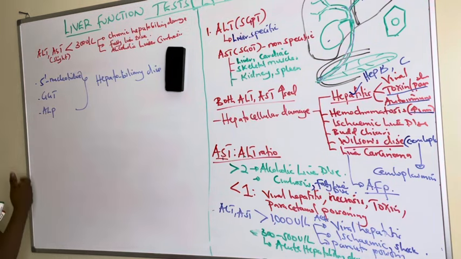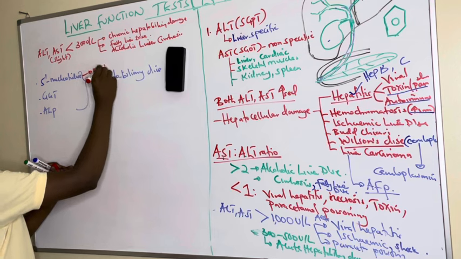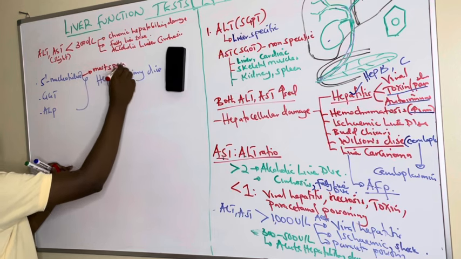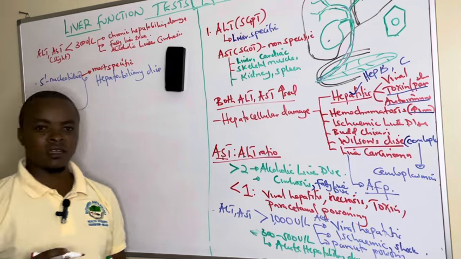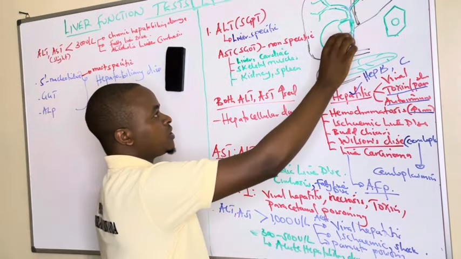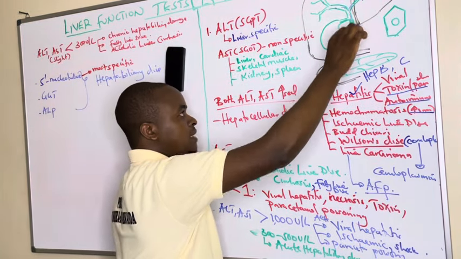So we find among these three, 5' nucleotidase is the most specific. It is most specific for the biliary tract. Whenever there is any sclerosing, these enzymes are produced from the epithelial lining of the biliary system.